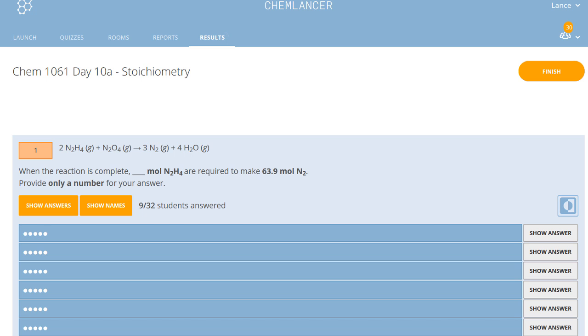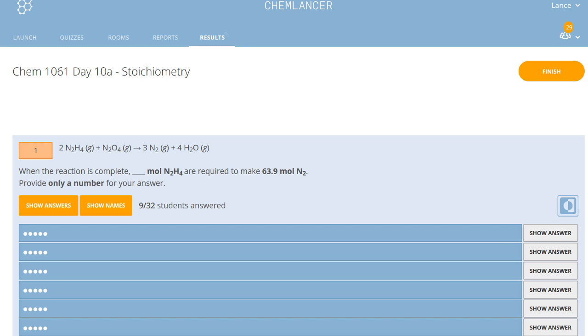Now, they could just as well represent numbers of molecules. For example, these are all molecular compounds. So we could say that 2 molecules of hydrazine react with 1 molecule of dinitrogen tetroxide, yielding 3 molecules of nitrogen and 4 molecules of water. And we call that the molecular interpretation of that chemical equation.